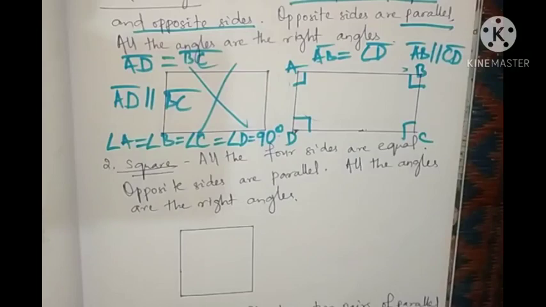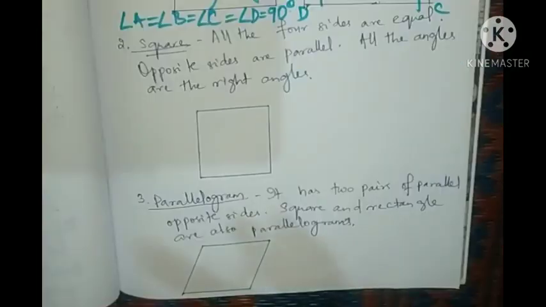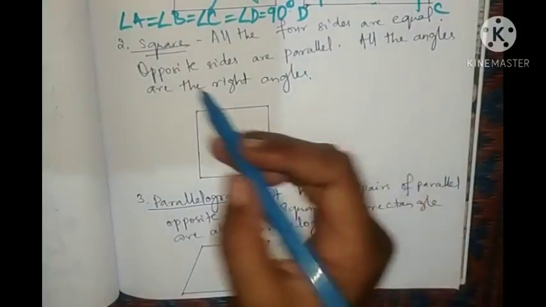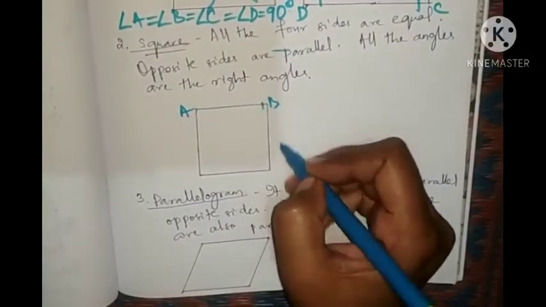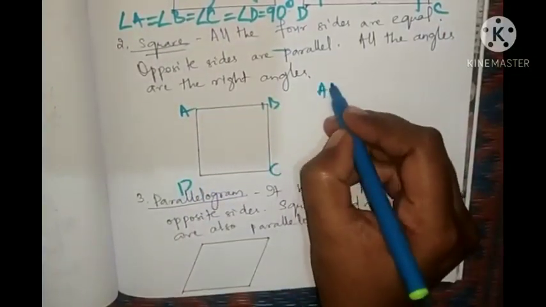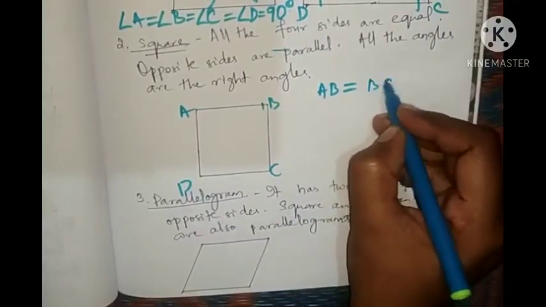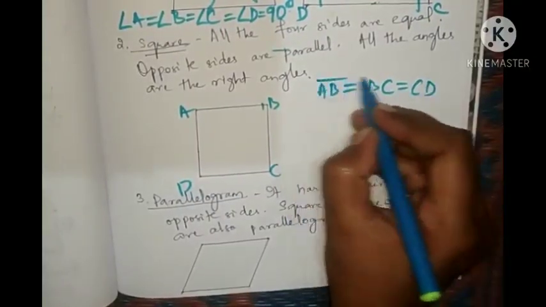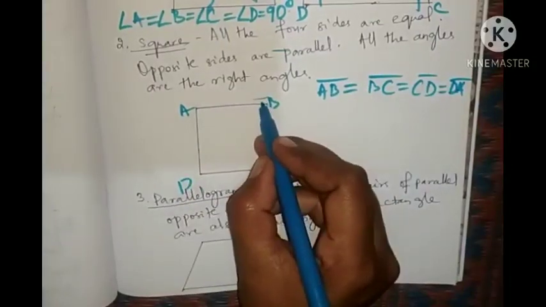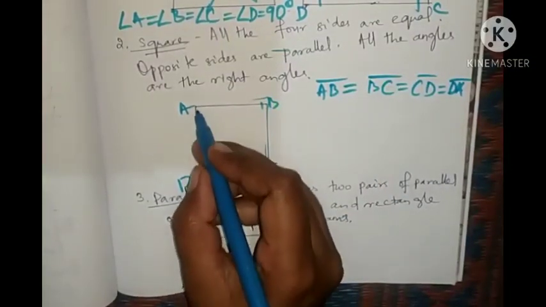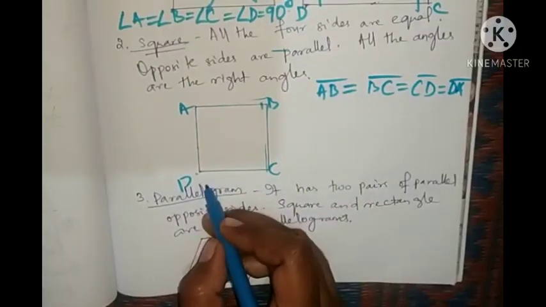Next you see the square. All the 4 sides are equal. If I name it A, B, C, D, then AB equals BC equals CD equals DA, meaning all the 4 sides are equal.